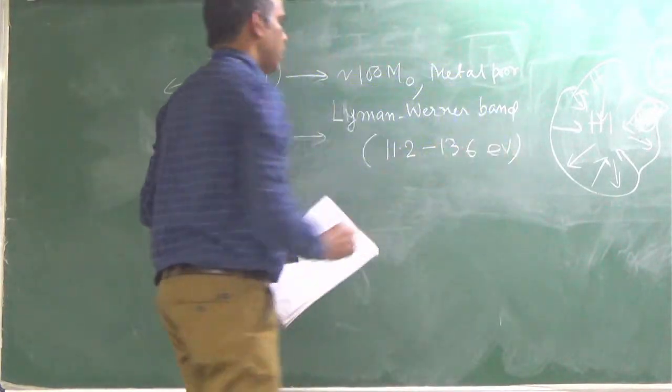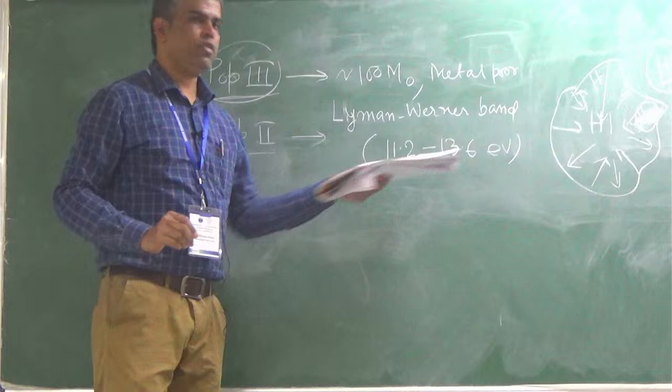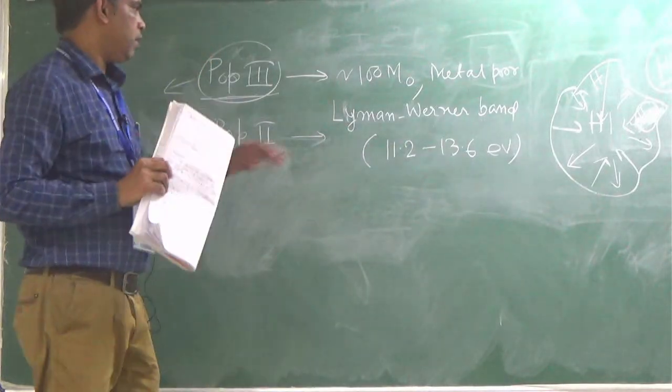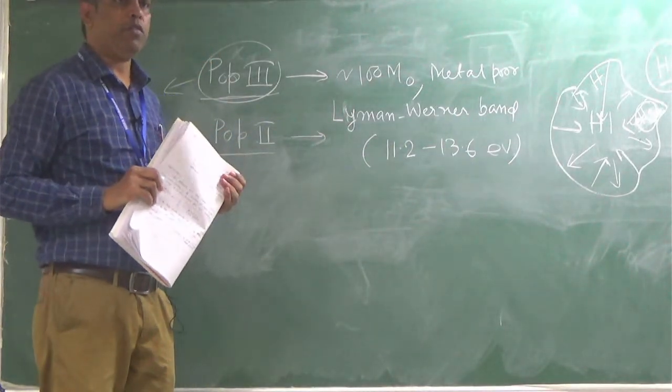So photons in between this energy range are called Lyman-Werner band photons.